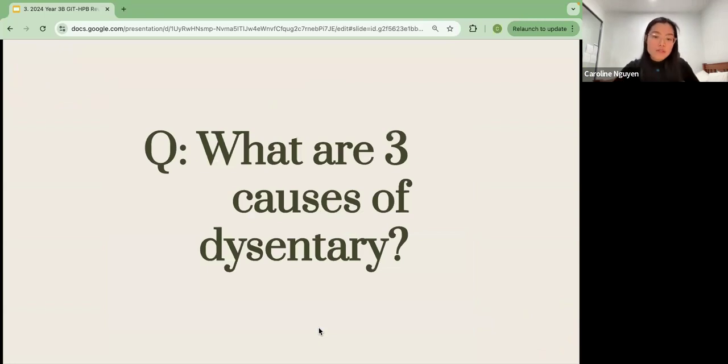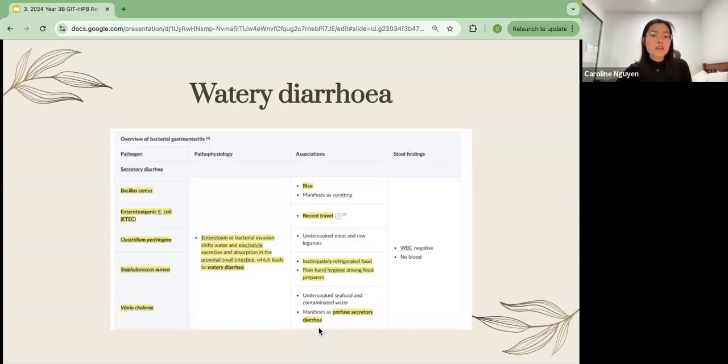What are 3 causes of dysentery, bloody diarrhea? C. diff, yeah, C. diff is one of them. This one's a little bit hard. So the other one we talked about was omelette. So what's that called again? Salmonella.